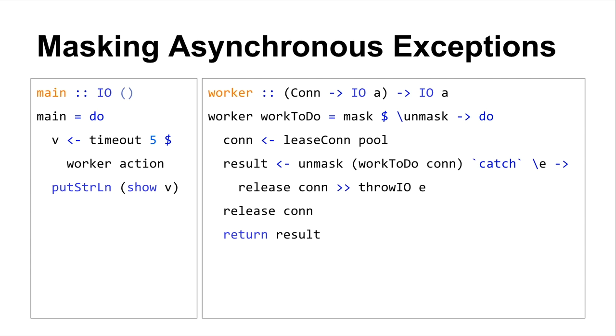Same function over here. Main does this whole timeout song and dance where it forks off this worker, but now I've got mask in play. So I call my mask function, and I'm not going to walk you through all of it, but spiritually what's happening here is that this code is all asynchronous exception proof.